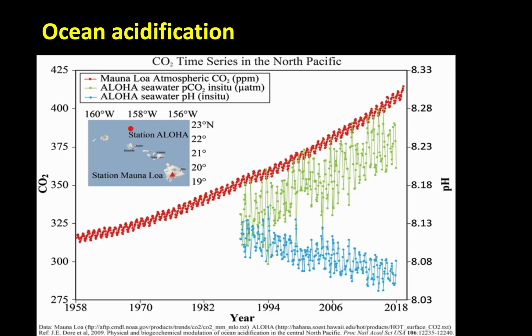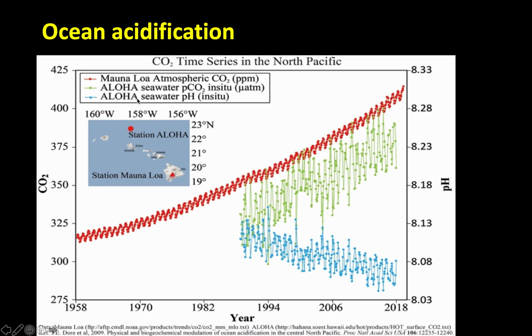So you may recall, please recall the Keeling curve here. Starting in 1958, the CO2 levels have steadily increased. And as a result of the steady increase of CO2, we can also see there has been a decrease in the pH of seawater. That data goes back to the mid-80s.